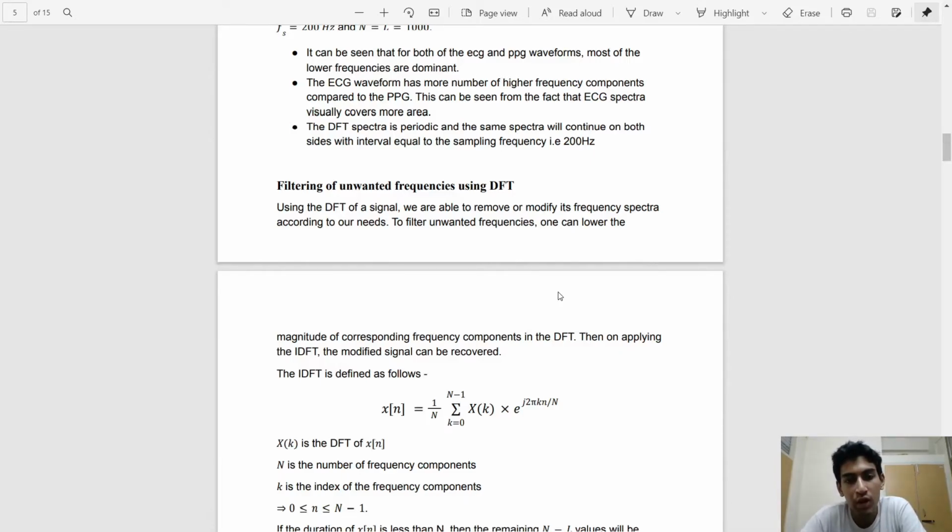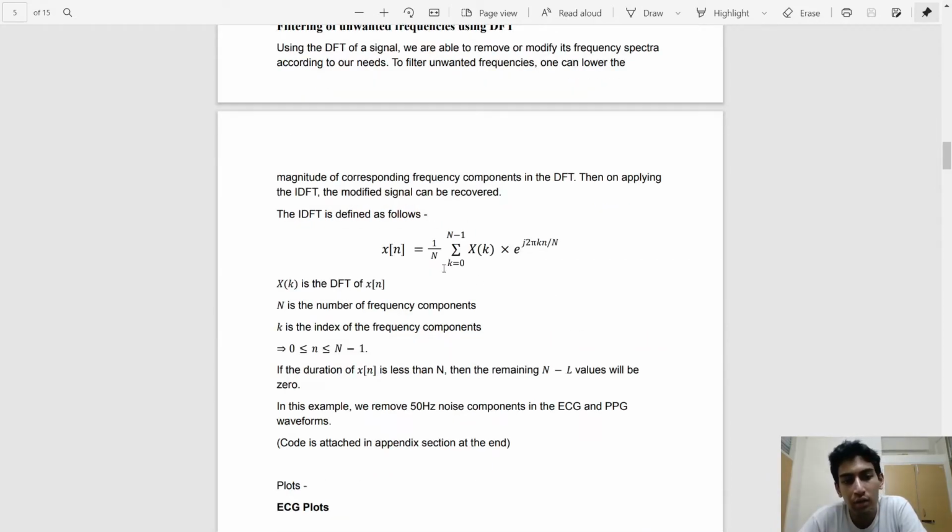To do this, we'll first calculate the discrete Fourier transform of the signal, and then we'll remove the frequencies which correspond to 50 Hz, which means we'll set the coefficients equal to 0, and then we'll take the inverse discrete Fourier transform to get the filtered signal which doesn't have the noise frequencies that we don't want.